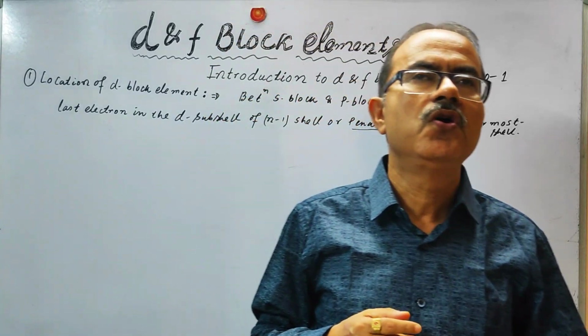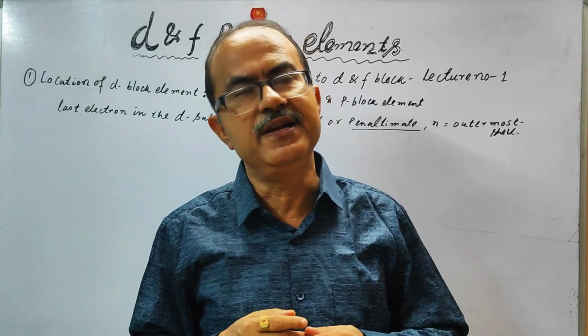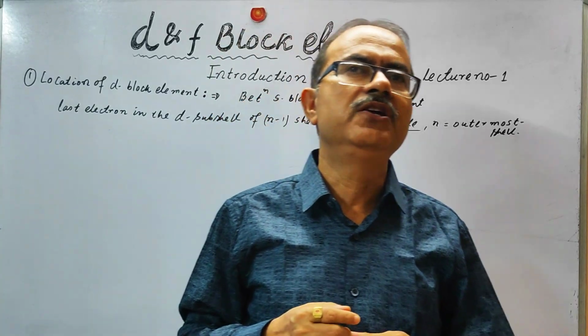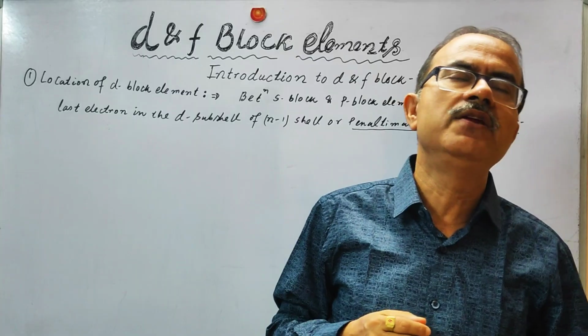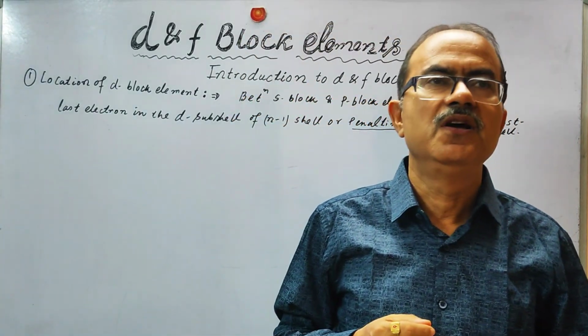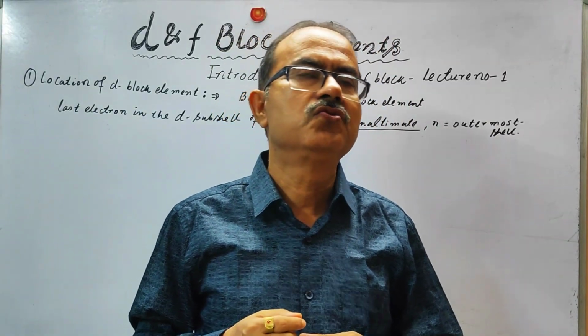It will enter the next higher shell, that is n equal to 4, where the 4s subshell will be filled first because of the energy, because we know electrons are filled in order of increasing energies. So 3d subshell has higher energy than 4s.